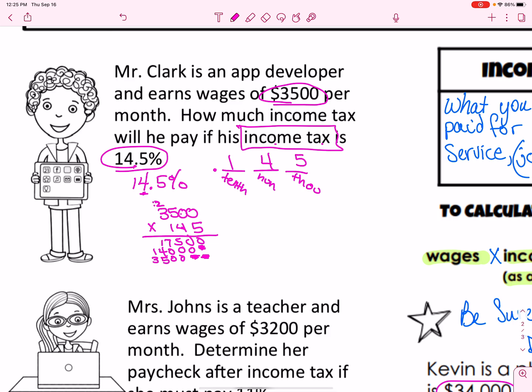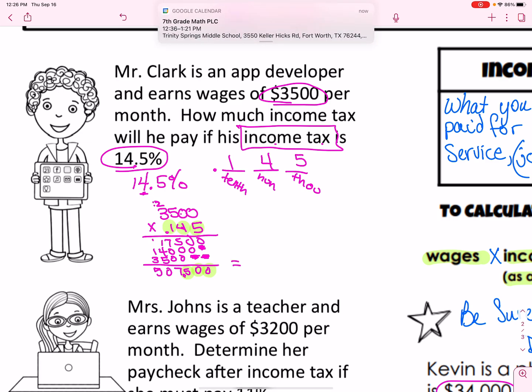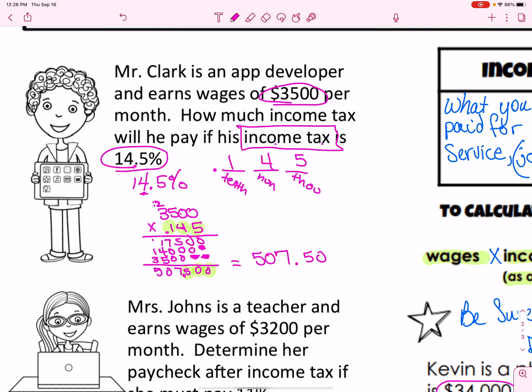And 1 times 3 is 3. Again, this would be a great opportunity to use graph paper to help keep your columns together. 7, that's going to be 10, carry the 1, 3, 4, 5. Our decimal is here. So we have 3 numbers behind the decimal, so our decimal is going to go here. So $507.50 is our taxes to be paid by Mr. Clark.